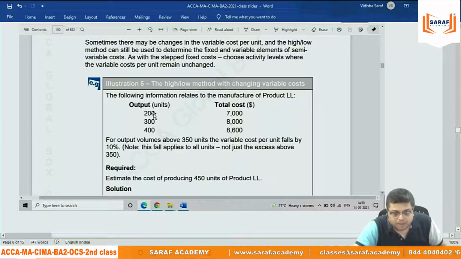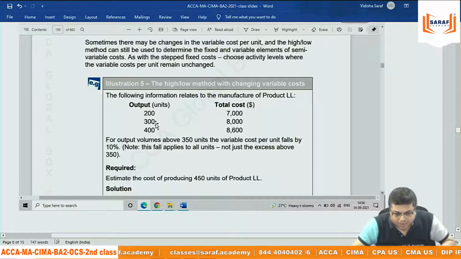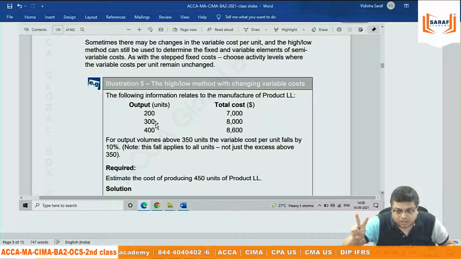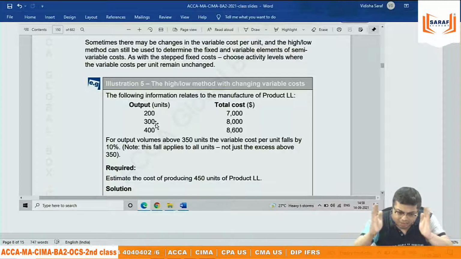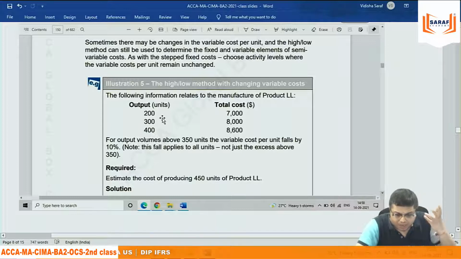On 200 units and on 300 units, the variable cost per unit is the same. For example, for one student the cost is 10,000, for two students it is 20,000. The total cost is 20,000, but the variable cost per unit is 10,000 per student. Similarly, for 200 and 300, per unit variable cost is the same, but from 200 to 300 the total variable cost will be more.